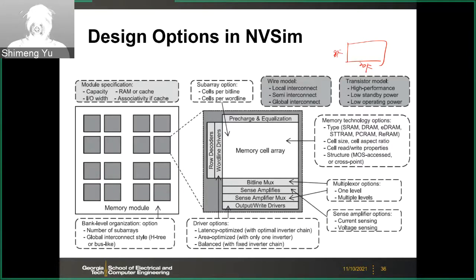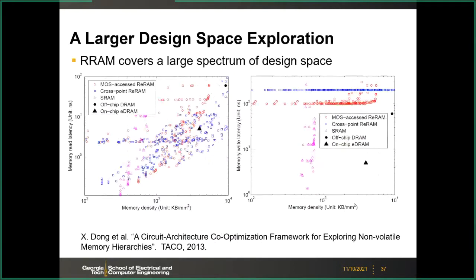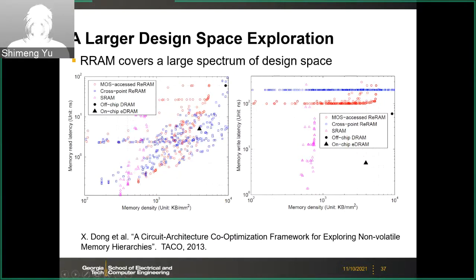Since we will have so many options, if you think about the design space, it will be huge, right? It could be like 1,000 combinations if you vary the numbers in each of the options. And then this is the result after the simulation. Then you can generate the spectrum of the design space.